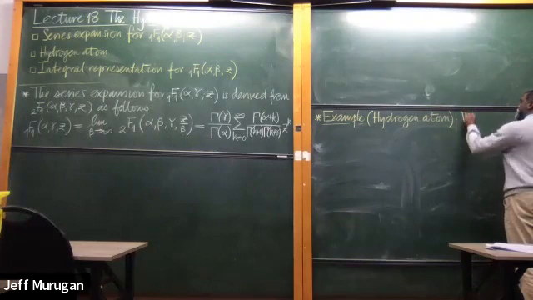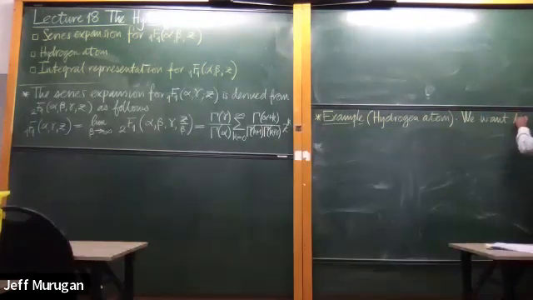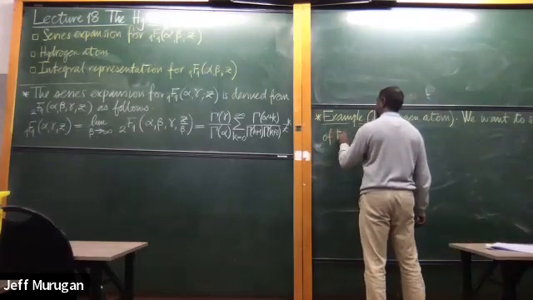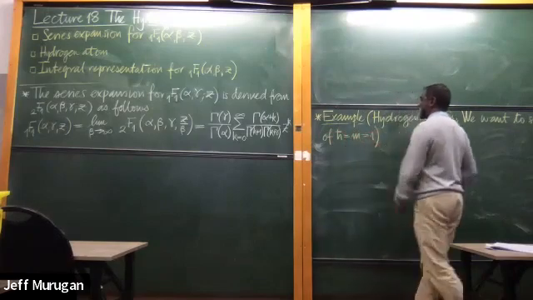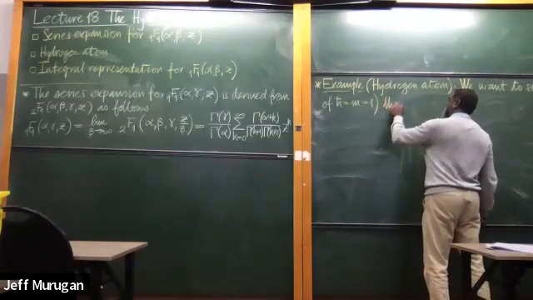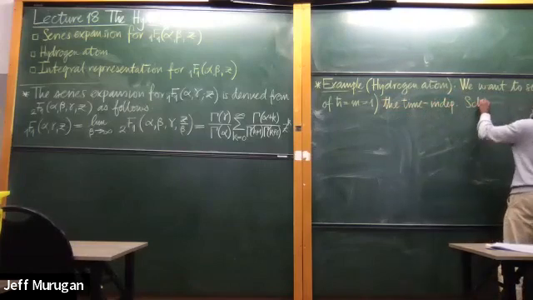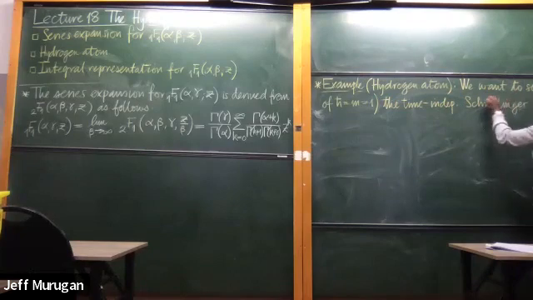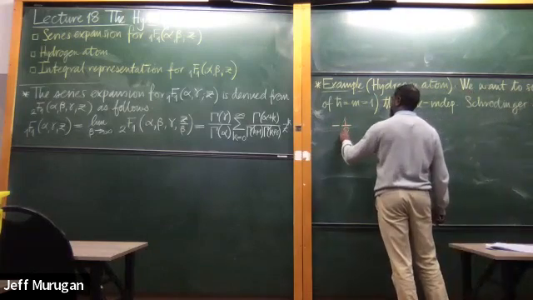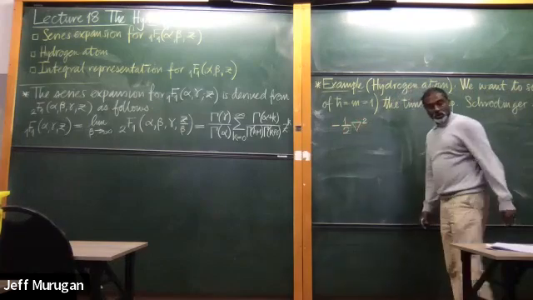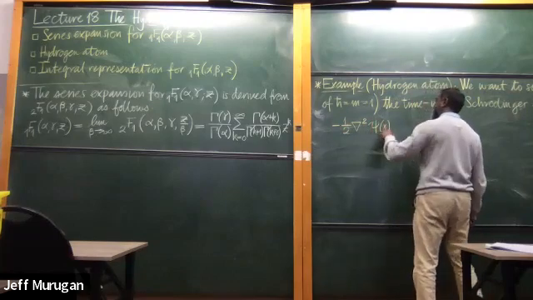So we want to solve, in units of h bar equal to m equal to 1, the time independent Schrödinger equation, given by minus a half Laplacian acting on some function psi of x.